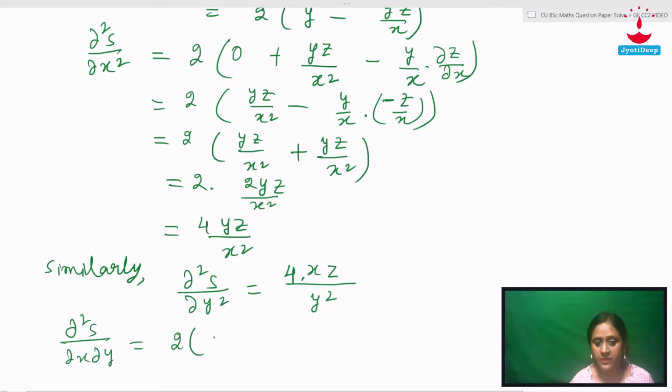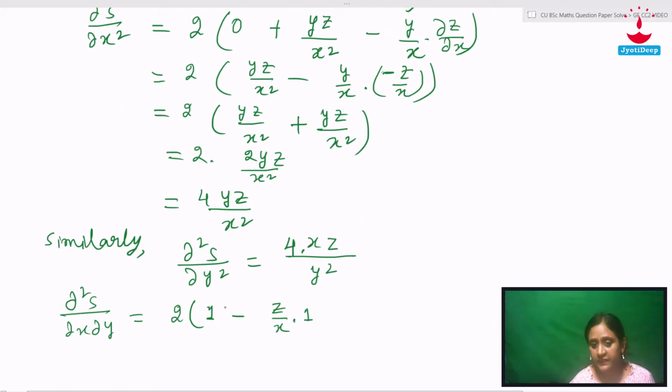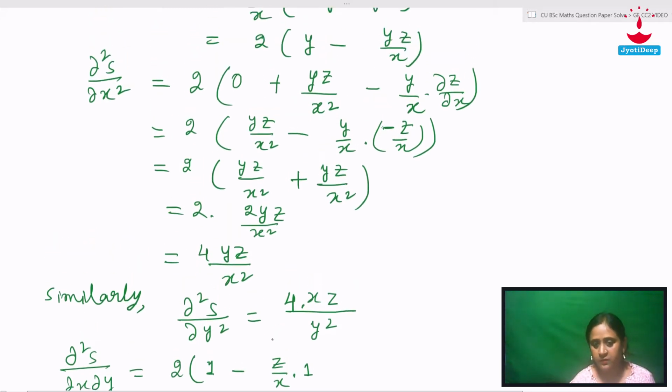So differentiation of y is 1 minus z by x into differentiation of y is 1 here. Again we can write minus y into z, del z by del y, and this is y by x, it will be as it is.